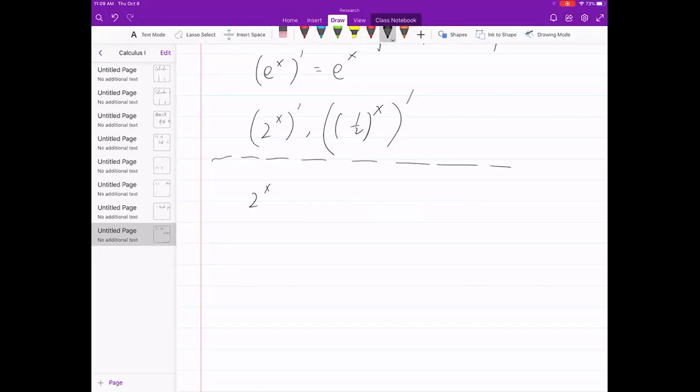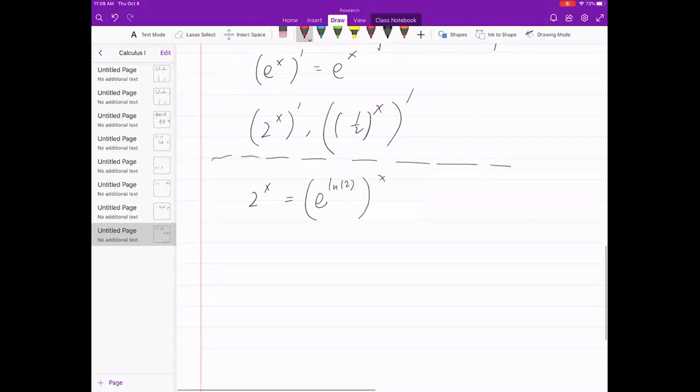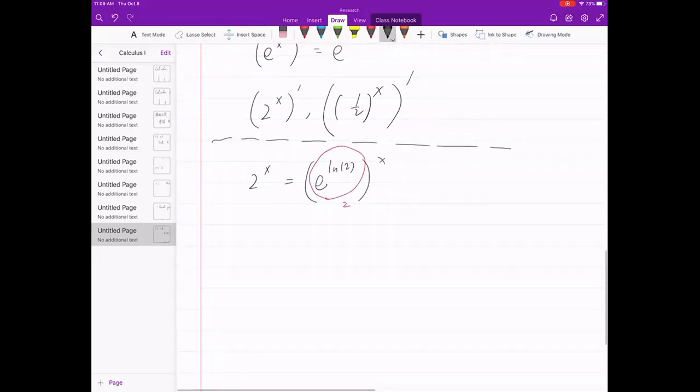So take this one. I don't want base 2, I want base e. The first thing you do is you take this. From here you can see this is still 2 because e and ln cancel each other. Now you can multiply. This is almost like e to the square to the third, which is e to the 6th.